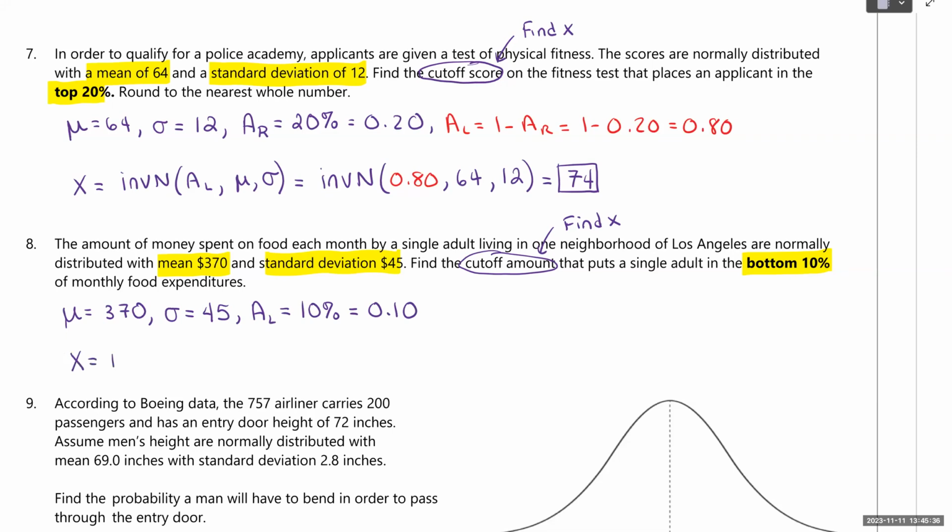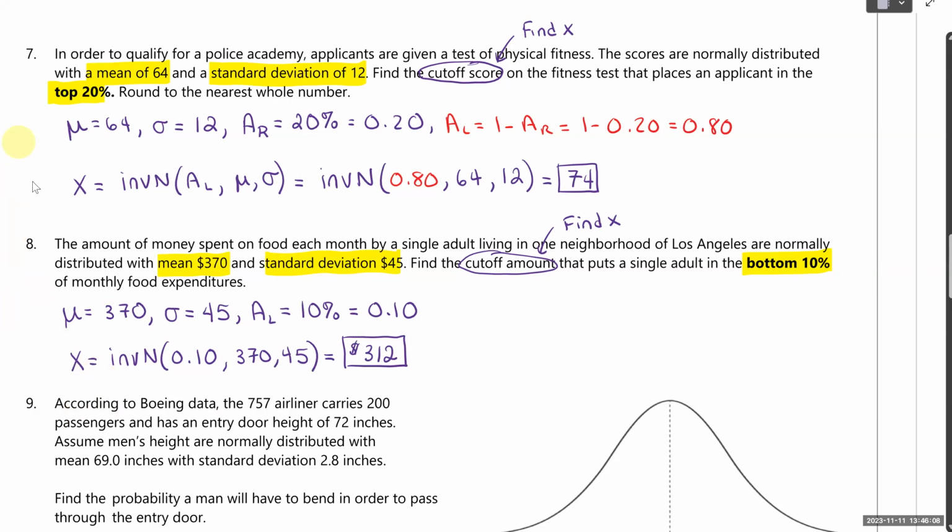So if we're looking for a data value, we always inverse norm the area left, and they gave us the area left. So we put in our area left, we put in our mu, and we put in our sigma. And I'm going to round to a whole number again. I'll put units here, so that would come out to be $312. You can check that out on your calculator, make sure you're good.